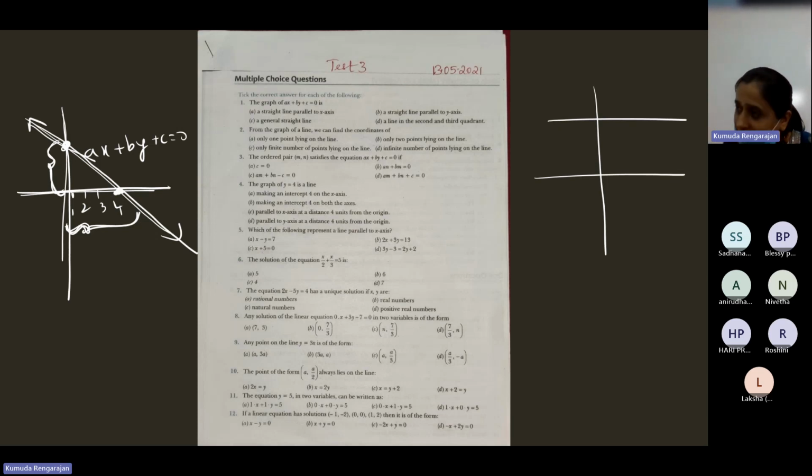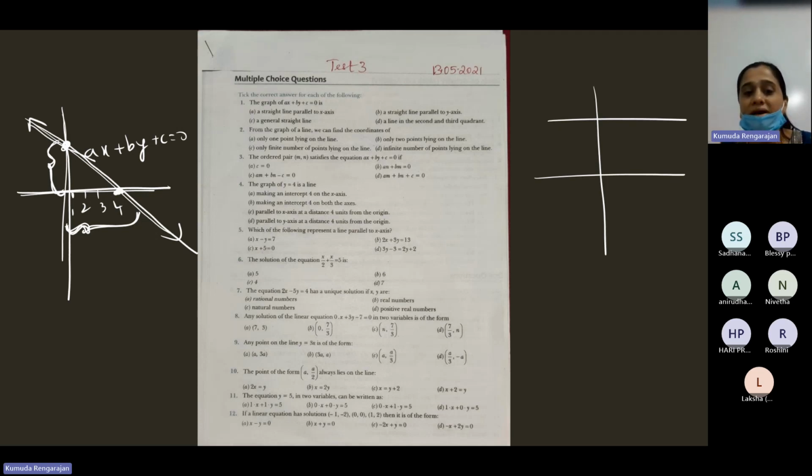X-intercept is only when it intersects the x-axis. When will you have an x-intercept? Only when the graph line intersects the x-axis. When will you have a y-intercept? Only when the graph line intersects the y-axis. If the graph line intersects the x-axis and the y-axis, then you will have the x-intercept and the y-intercept.